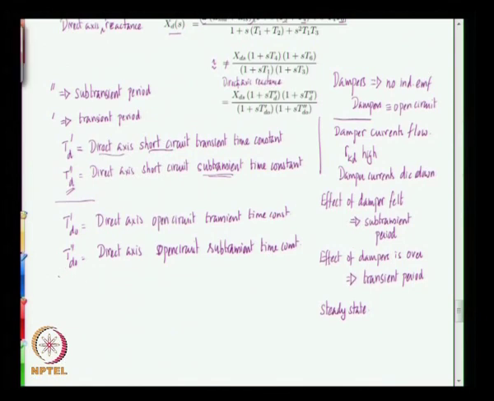The explanation for this is along similar lines. We find that T double dash d0 has been derived by considering the elements of the damper circuit to be in circuit, and T dash d0 was obtained from the equivalent circuit by neglecting the elements of the damper.